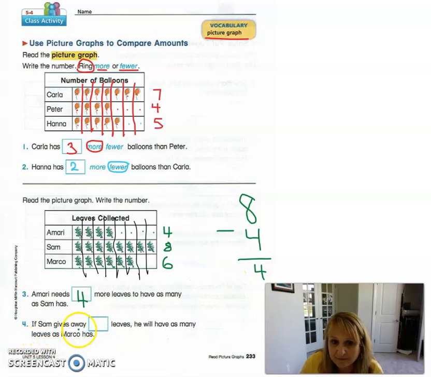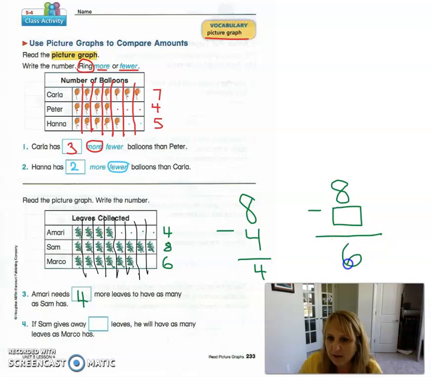If Sam gives away how many blank leaves, he will have as many leaves as Marco. So Marco has 6 leaves. Sam has 8 leaves. How many leaves would Sam have to give away to have the same amount as Marco?